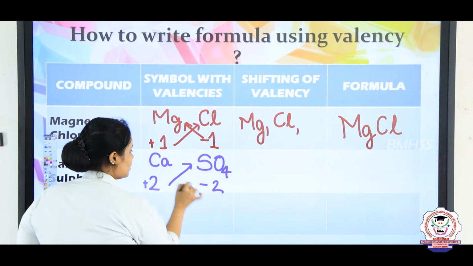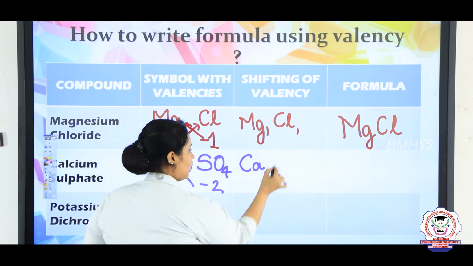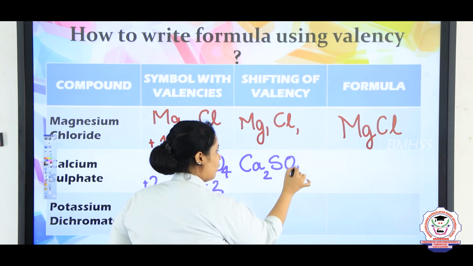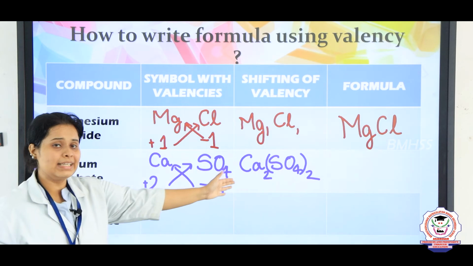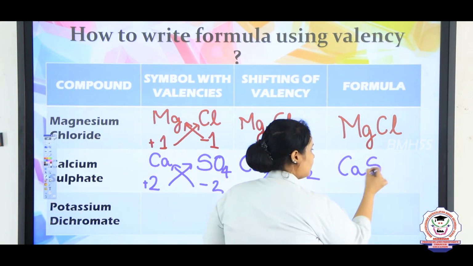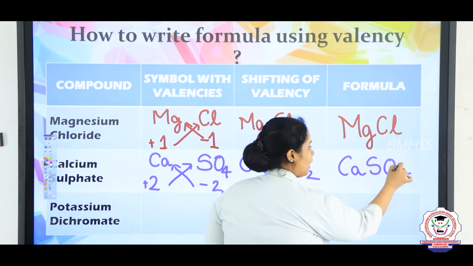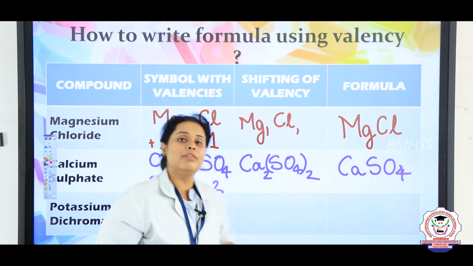When you do the cross multiplication, you will get Ca2(SO4)2. Instead of writing like this, we can write it as CaSO4, the formula of calcium sulfate.